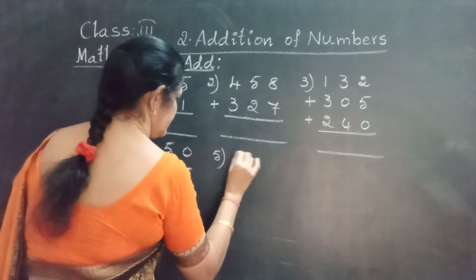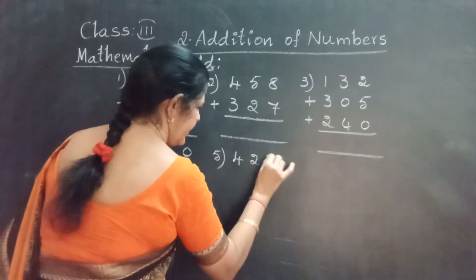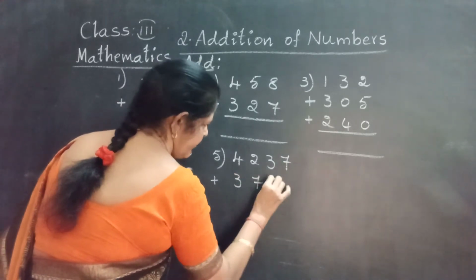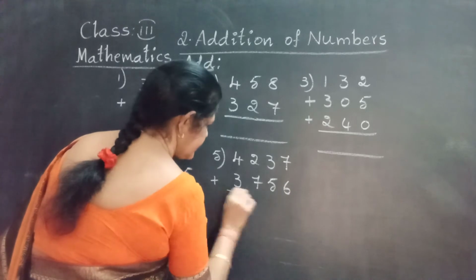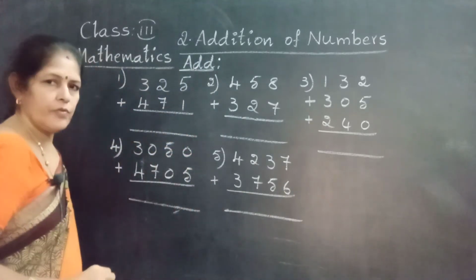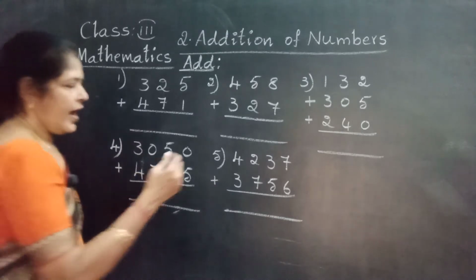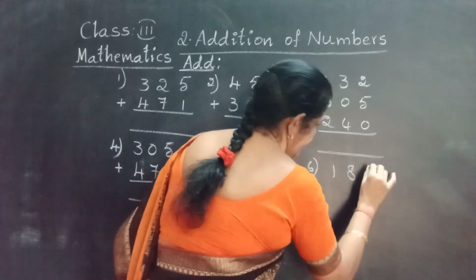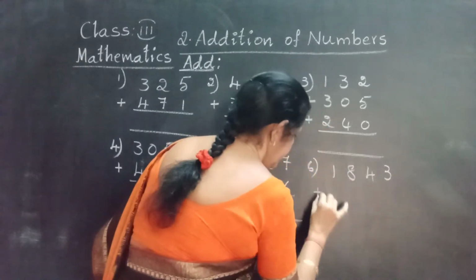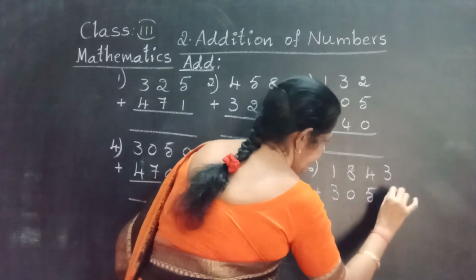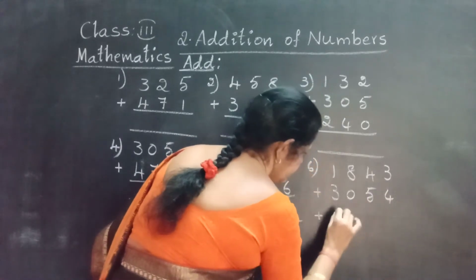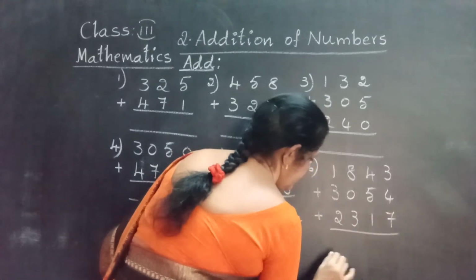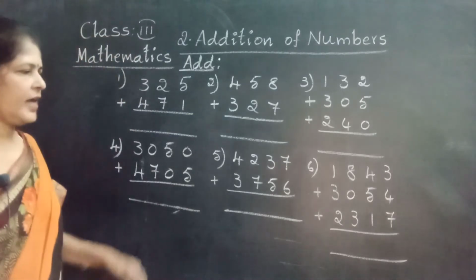Fifth one, 4237 plus 3756. Note down the numbers correctly and find the totals. 1800 plus 3054 plus 2317. Write the numbers one below the other.